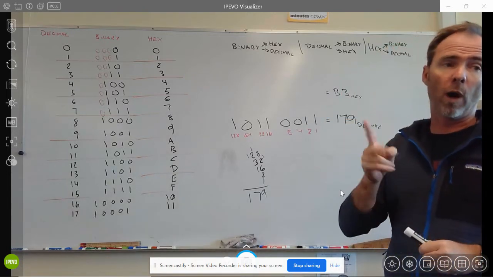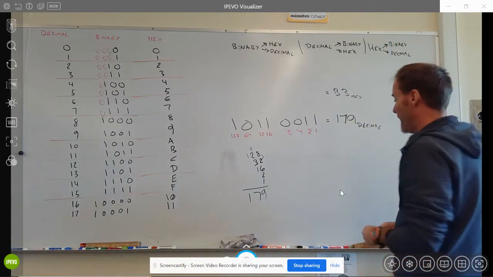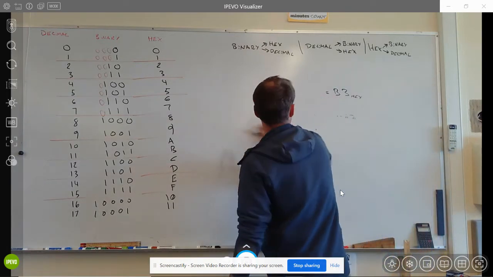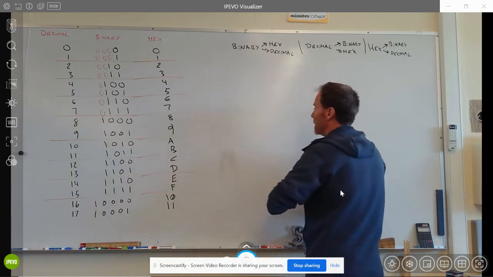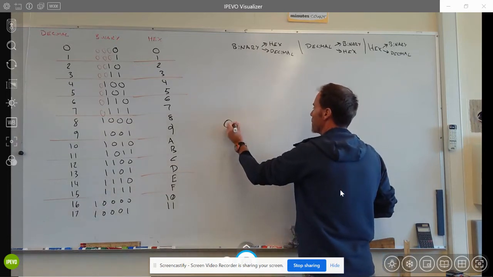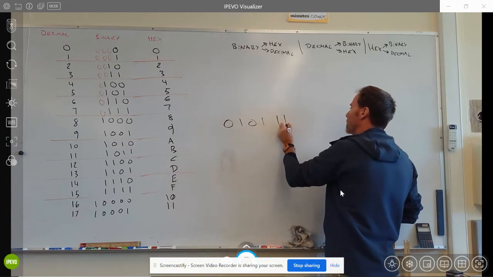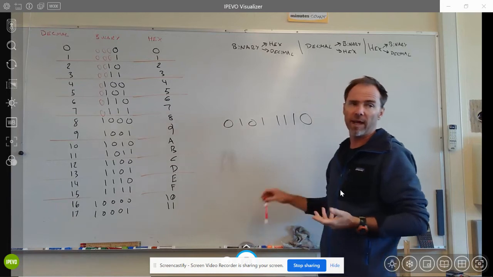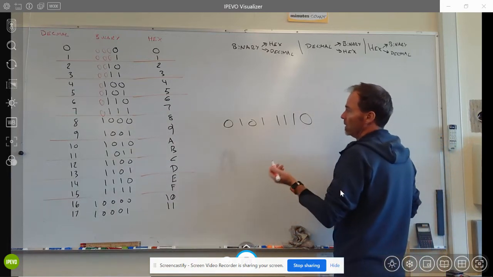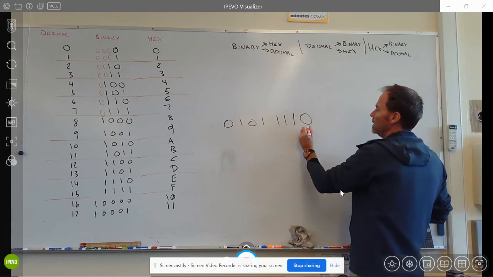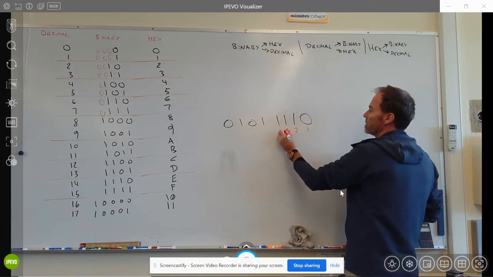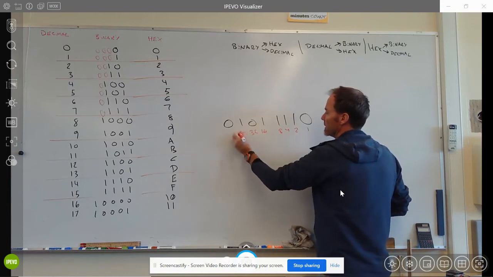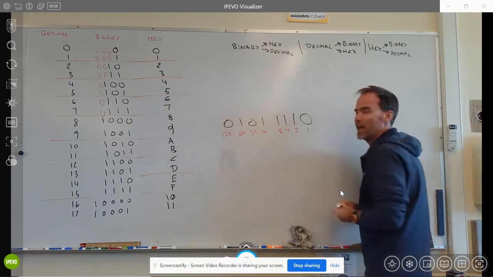Okay, I'll do one more example on binary to decimal and hex. Let's make up a number: 0, 1, 0, 1, 1, 1, 1, 0. So always a group of 8, right? Let's do decimal first. 1, 2, 4, 8, 16, 32, 64, 128.